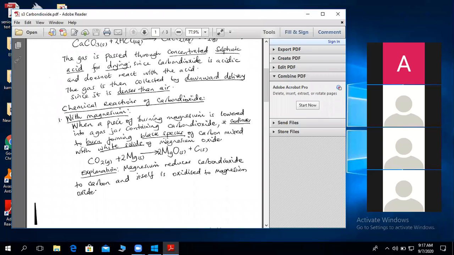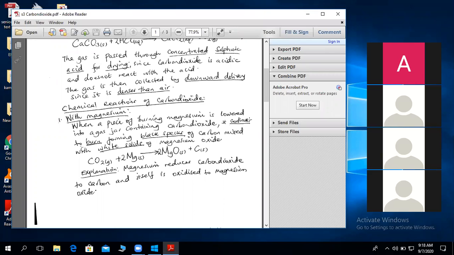This is the observation, and a white solid. The white solid is magnesium oxide. So we may ask, state what is observed when a piece of burning magnesium is lowered into a gas jar containing carbon dioxide. Your answer will be, it continues to burn.